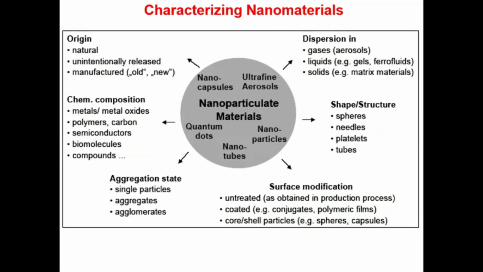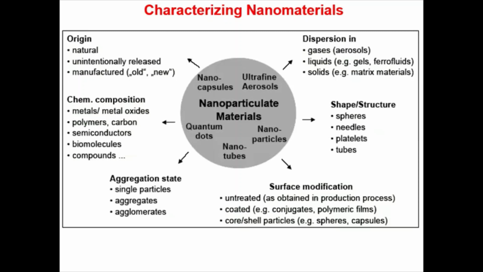And if you have especially polymeric or carbon tubes, treated, coated, or core-shell, you call them nanotubes. Especially if you focus on zero-dimensional particles, single particles, we call them quantum dots.